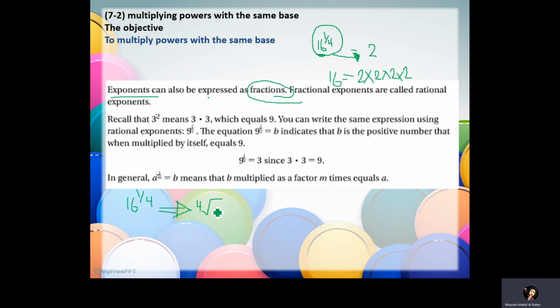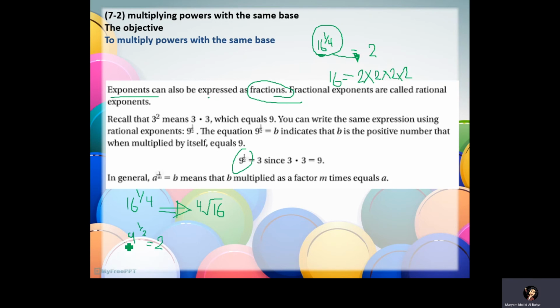I will give you more details, inshallah, in the coming slides. So this is the idea. If you have, for example, 9 to the power 1/2, you have 2 here. So what is the number that, multiplied by itself, gives 9? This number is 2.